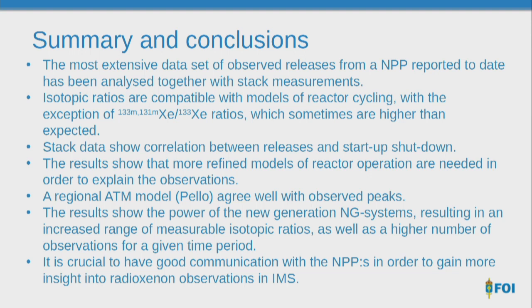And we need to be able to model the reactors a little bit better. We have a regional model that agrees well with observed peaks. And I think this also shows the power of the new generation noble gas systems. It gives us much more data and much more precise data. And the last point is that it is crucial to have good communication with the nuclear power plants to get insight into these detections. Thank you.